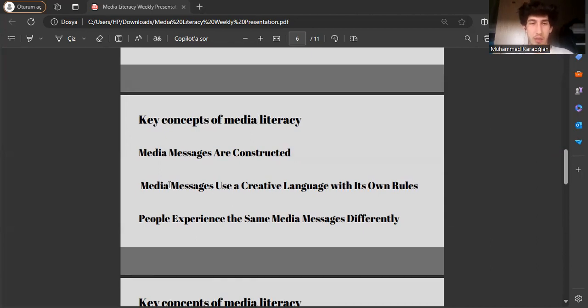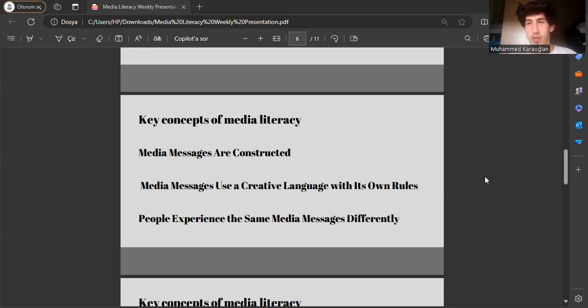The second key point is that media messages use a creative language with its own rules. What do I mean by that? Understanding media messages requires understanding the unique language they use, which includes not only words, but also images and sounds.